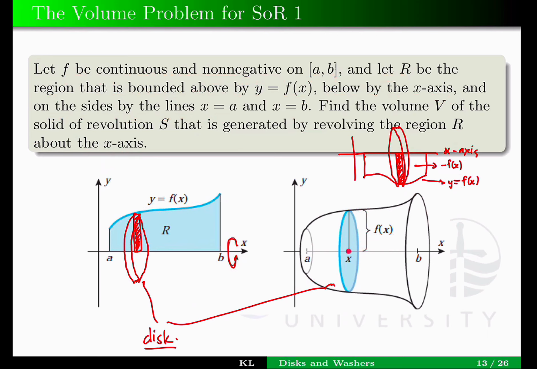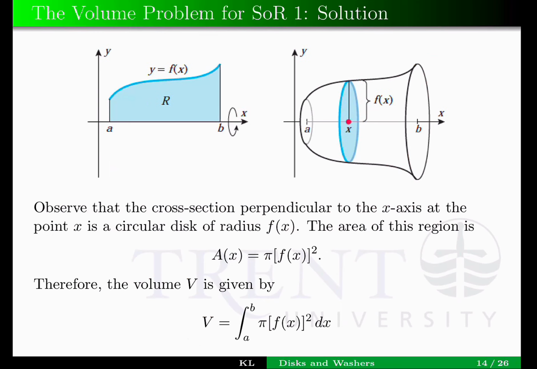Now, this is a right circular disk. So, observe that the cross-section perpendicular to the x-axis at the point x is a circular disk of radius f of x. The area of this region is pi times the radius squared. Correct? The area of a circle is pi r squared. But the radius now is f of x.